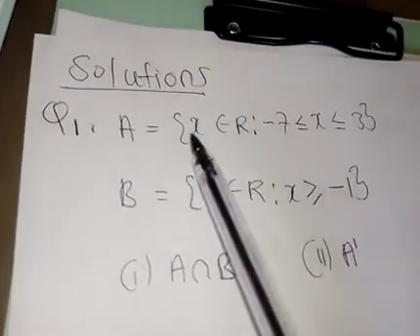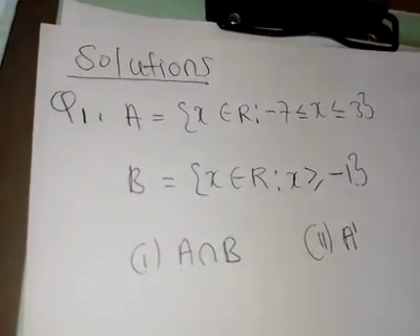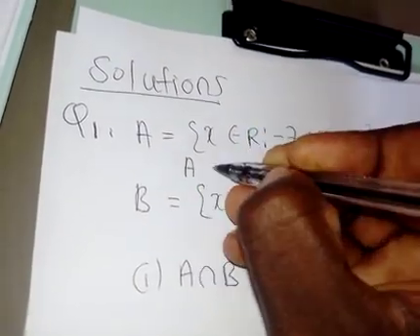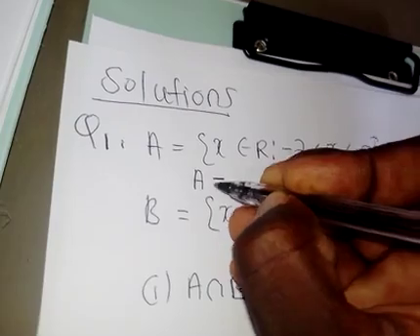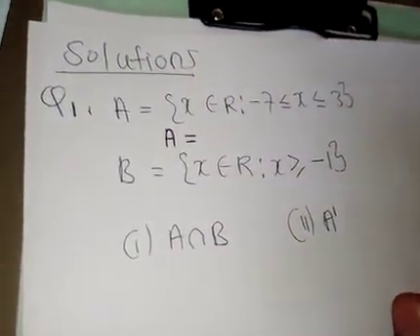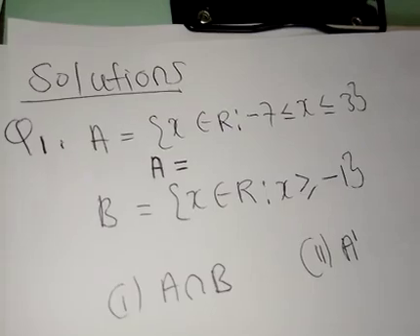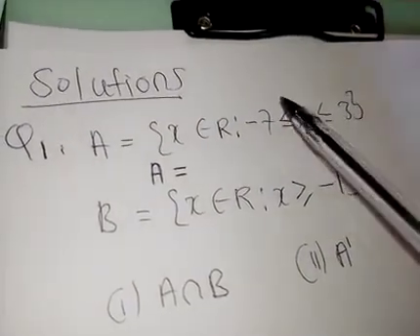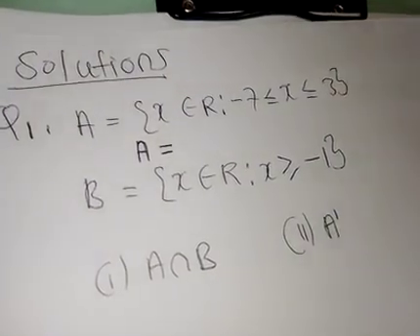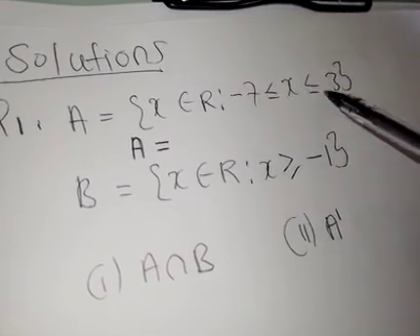Okay, so what you do when you have been given such cases in set builder notation, the first thing, you convert what you have been given to interval notation. By interval notation, we mean we represent the set using square brackets or round brackets. So this is negative 7 less than or equal to x less than or equal to 3.